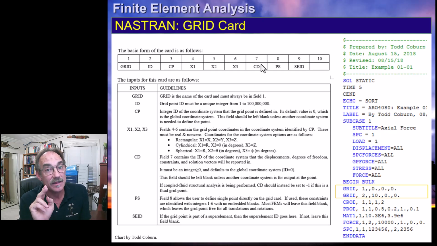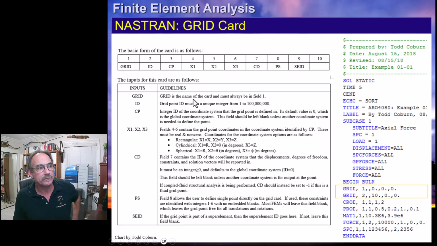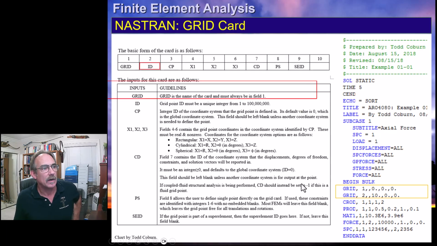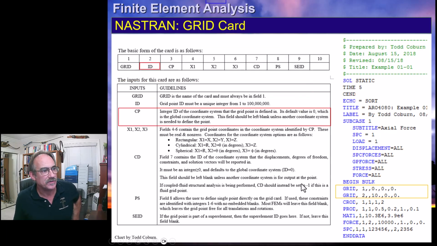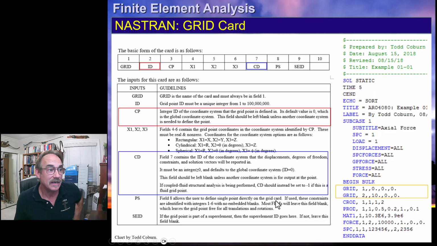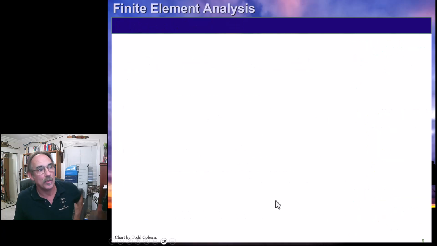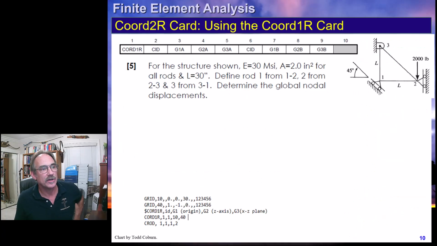If they're blank, you're using the global coordinate system. Okay, so that's how that works. So this draws attention to those fields: the CP, which is your definition, and the CD, which is your output.